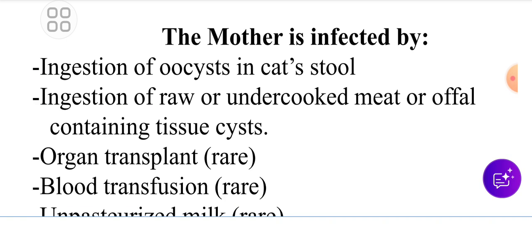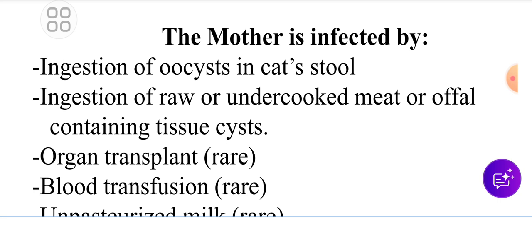The mother is infected by ingestion of oocysts excreted in cat's feces or stool, so they can soil the fingers or any ingestible material. This is the main route of infection. The other is eating raw or undercooked meat or offal containing tissue cysts. Offal is the edible viscera of the animal, like liver, intestine, spleen.